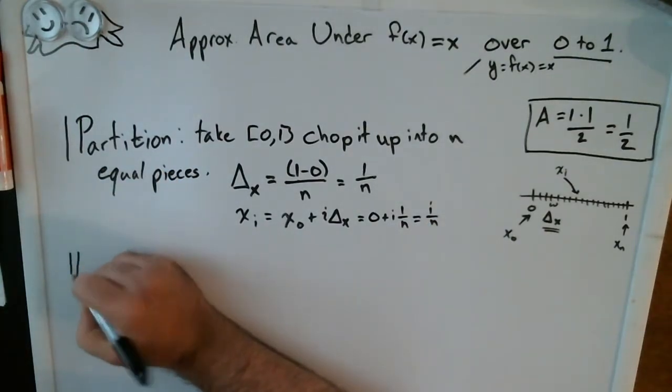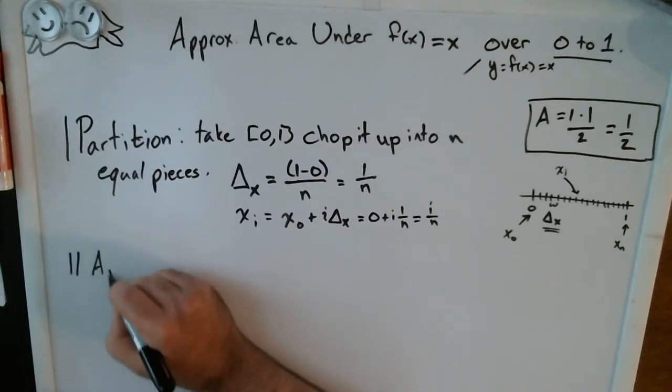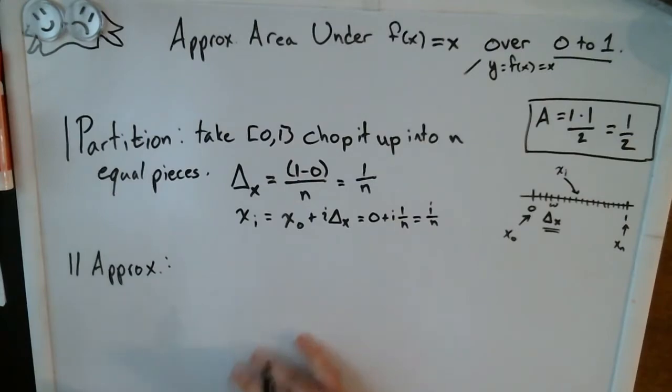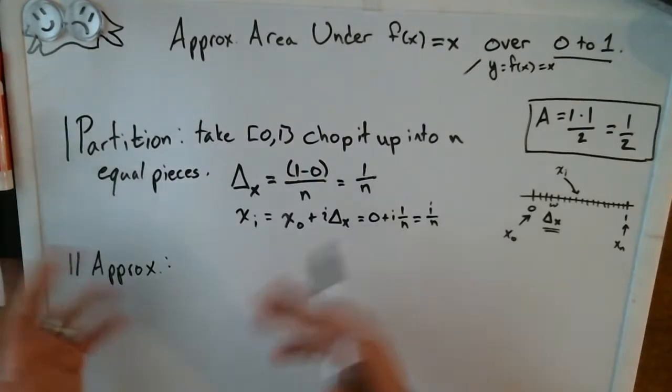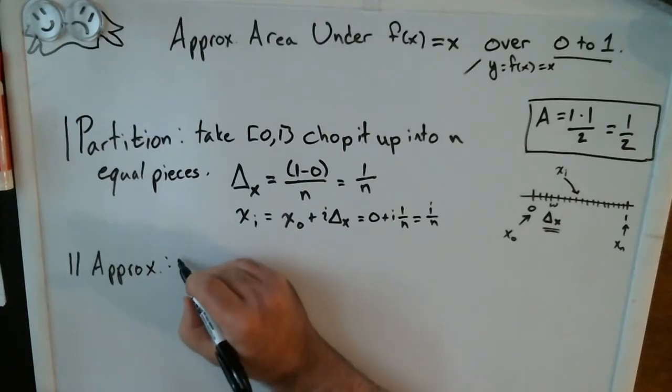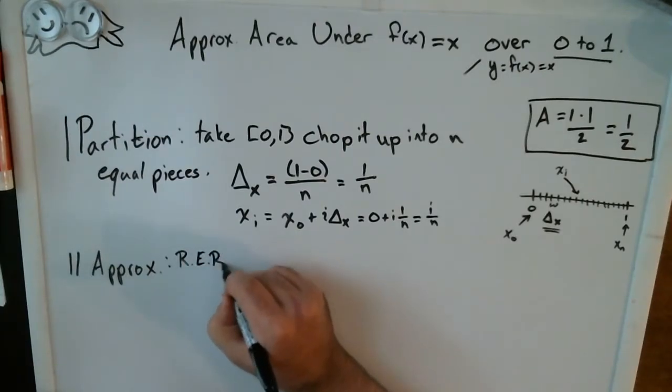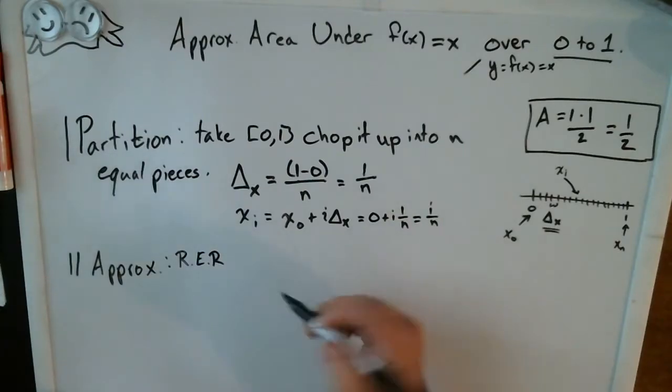Step 2 is we approximate. I'm just going to write approx, because approximate is needlessly long. We're going to do this using rectangles, like the left-hand rule, the right-hand rule, etc. In general, the right endpoint rule is the easiest to write down.